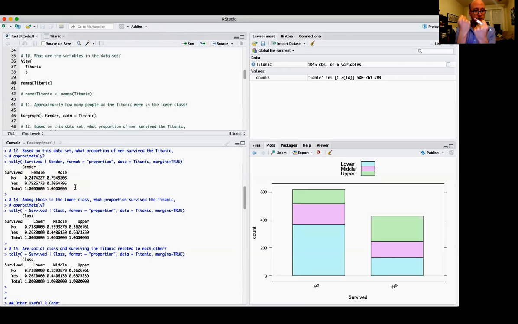And so among males, whether you survived or not, the proportion who survived and the proportion who died on the Titanic among men will equal 1. If you're female, then the proportion of females who died and the proportion of females who survived is also equal to 1.